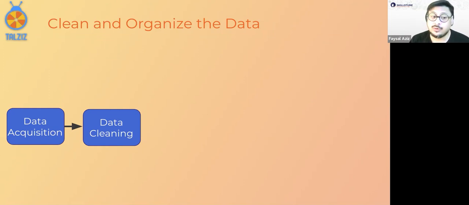Very boring, very monotonous. Sometimes a slight mistake could completely mess up your entire pipeline. So you get better with experience on data cleaning. There are various methods for data cleaning.